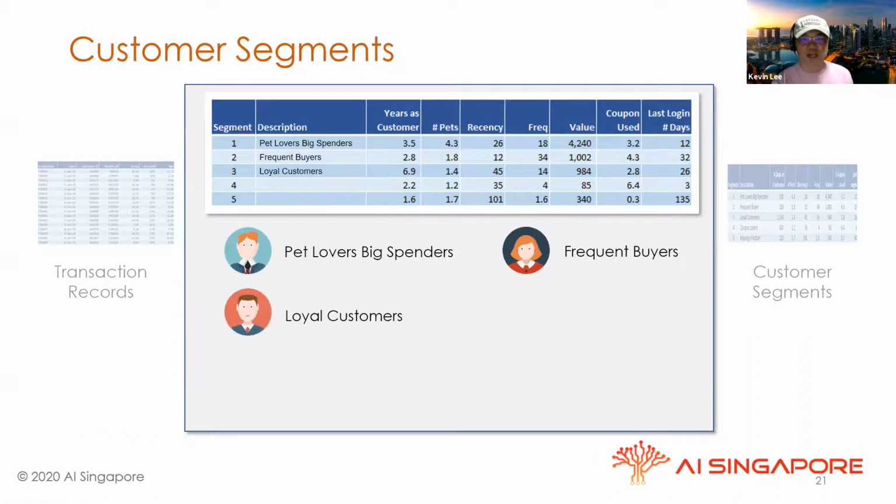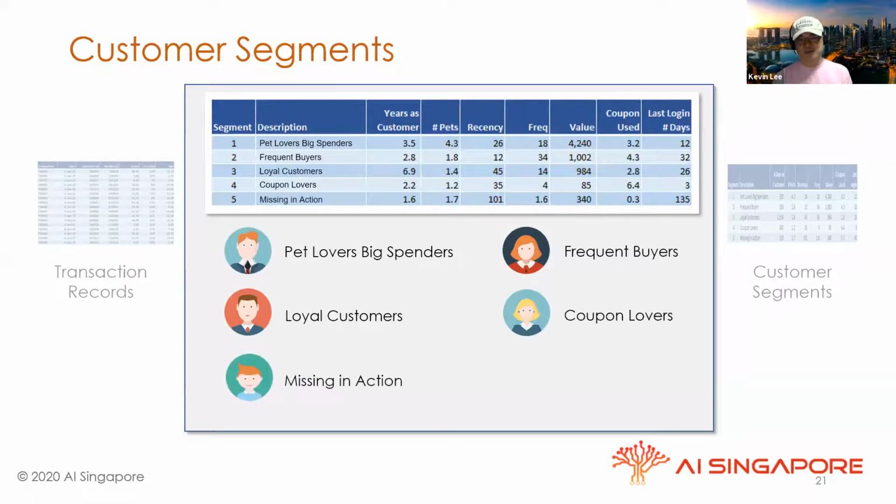So these are the loyal customers. And then again, oh, this cluster, they use the most coupons. Therefore, these are coupon lovers. And the last cluster, you realize that they've been with you for quite a long time, but didn't really purchase much. Therefore, they are missing in action.